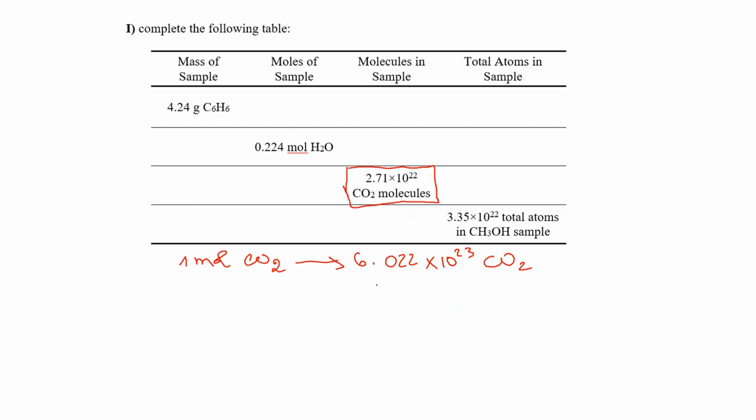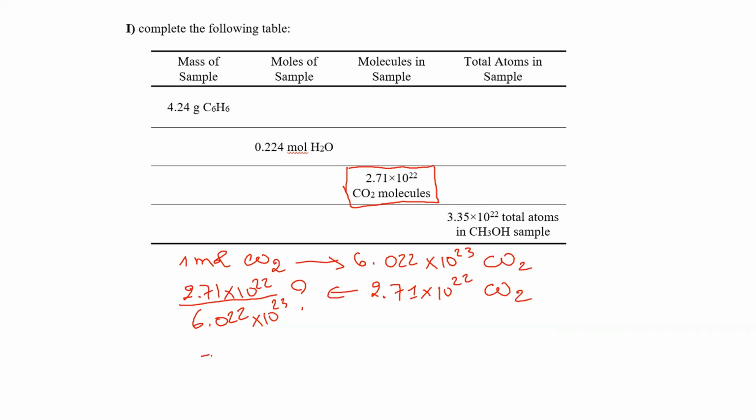So if I have 2.71 10 to the power 22 CO2 molecules, how many moles will it correspond to? 2.71 10 to the power 22, so I do this one divided by 6.022 10 to the power 23, and this is equal to 0.0450 mole.